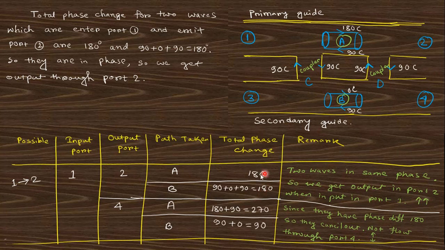So 90, 0, 90, total 180-degree. Since there is a phase change of 180 and also a phase change of 180, there is no phase difference between these two. So the two waves are in the same phase.